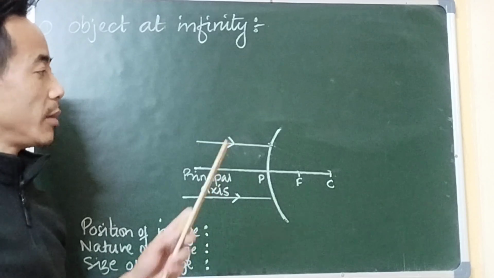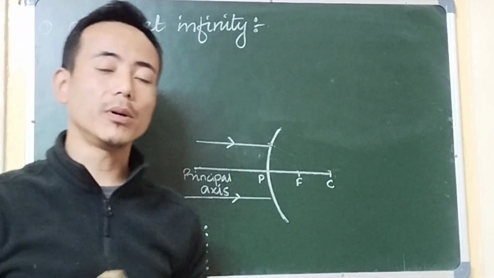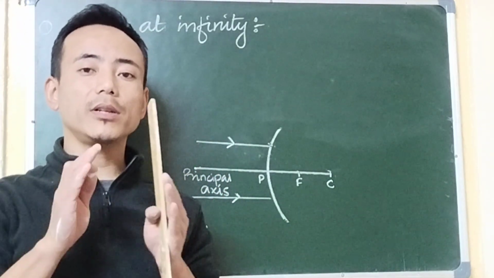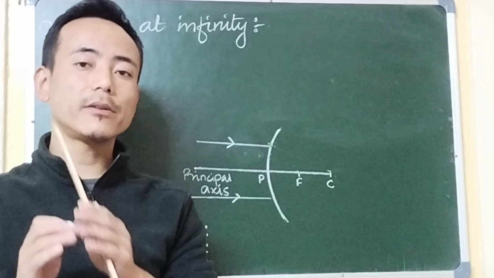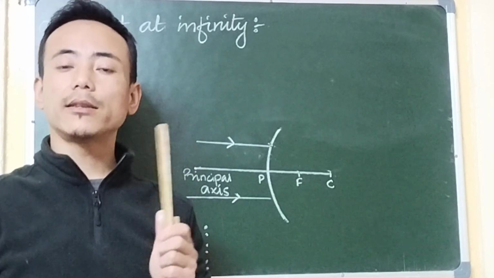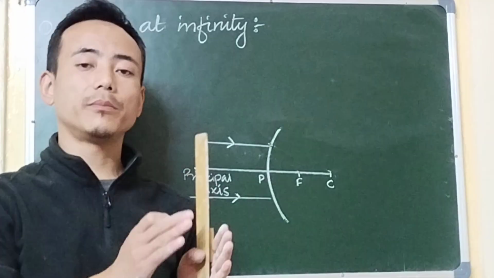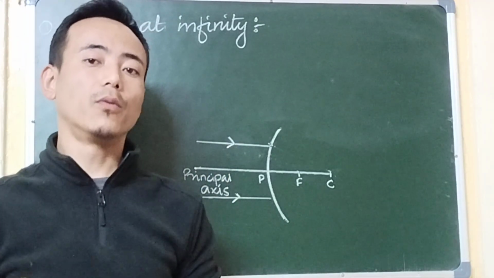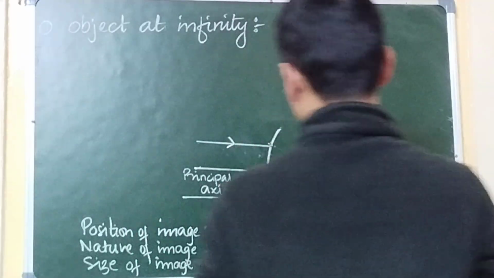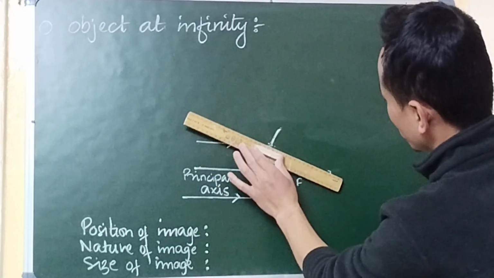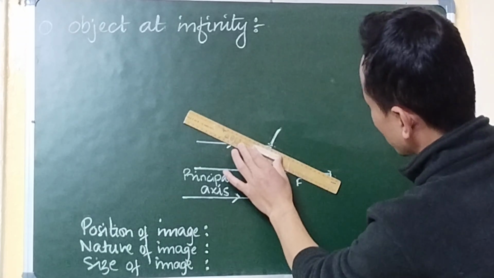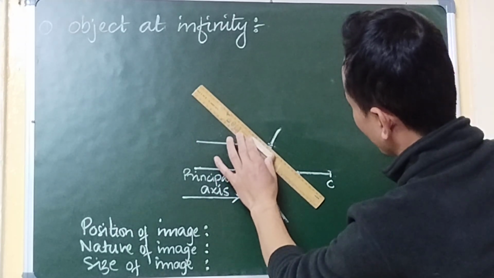In order to form the image, we will use rule number 1, which says that if the incident ray is parallel with the principal axis, then the reflected ray will appear to come or appears to diverge from the focus. So if you look at the first incident ray, after reflection it will move in this direction such that it appears to come from the focus.